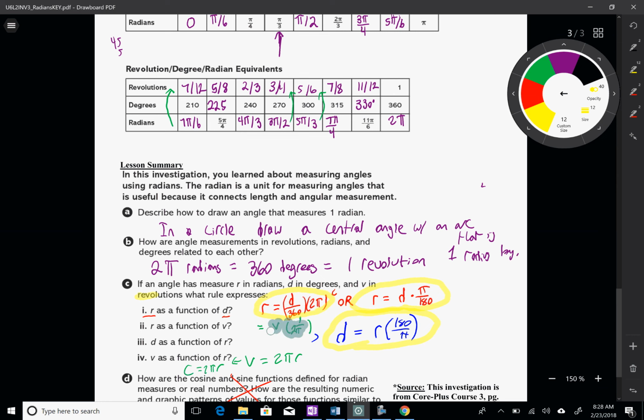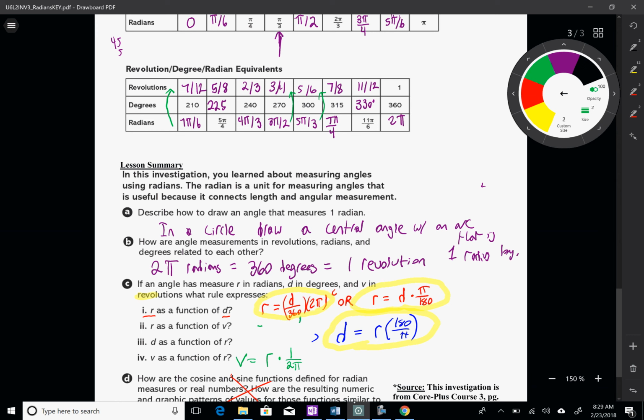I got these backwards. So r as a function of v, that's just saying how do you convert from revolutions to radians? So let's actually figure out v as a function of r, which is what I've shown with the green arrows. I said you have to take the radians and make the pi go away, which means the pi is in the denominator, and make the denominator get twice as big, which means there's a 2 in the denominator.